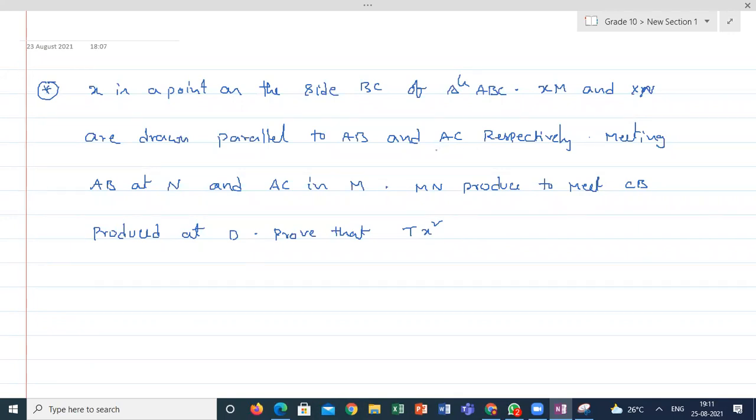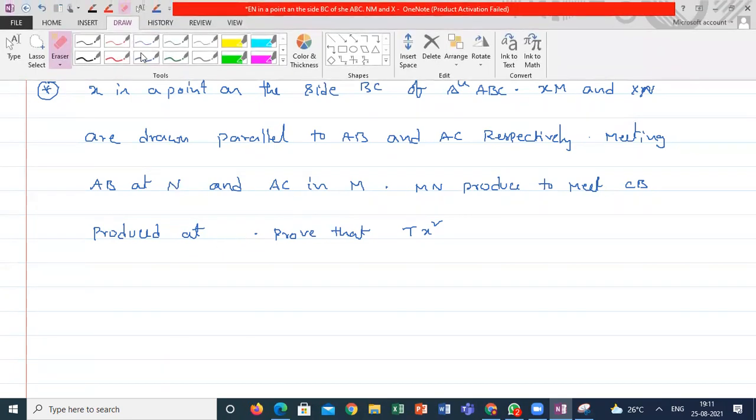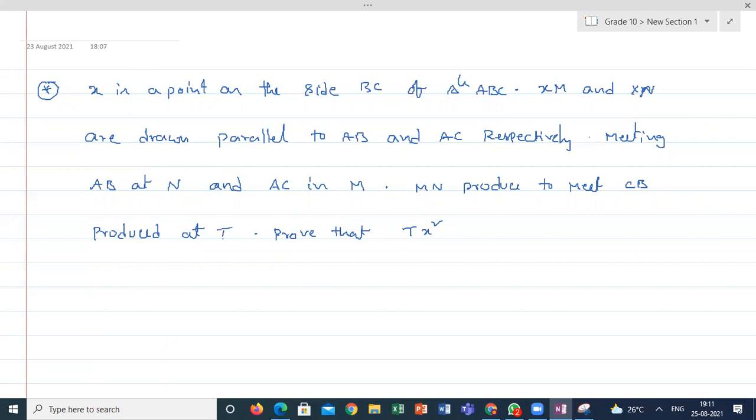CB is produced at T, sir. So prove that TX square is equal to TB into TC. I think same kind of question we already did now. Sir, I was trying, I didn't get it, sir.